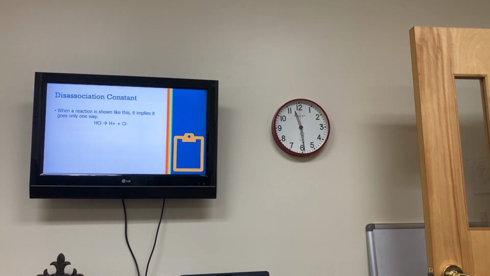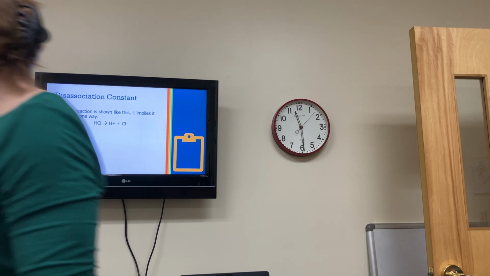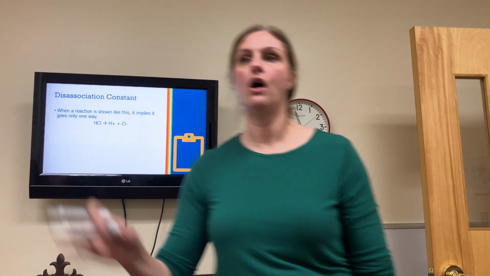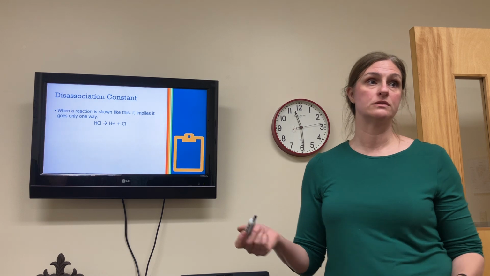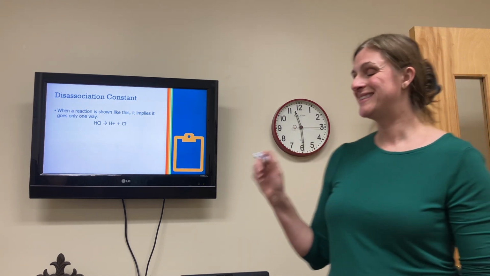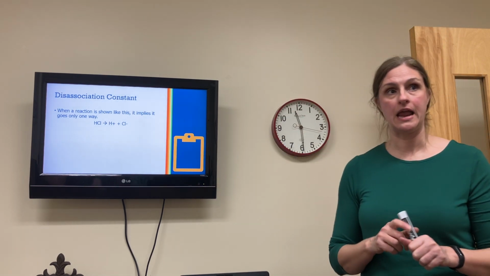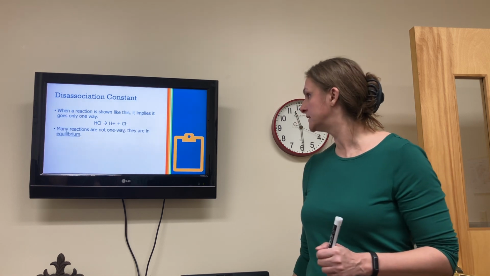My hydrogen concentration times my hydroxide concentration will multiply out to equal that, and it'll always be the same in our aqueous water solution. Aqueous means water. This is different than our Ka and Kb.